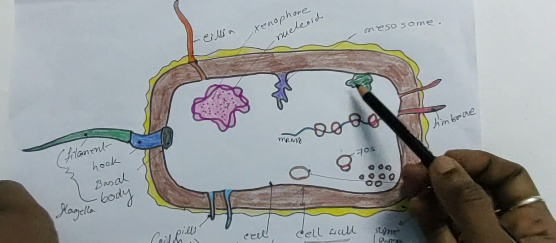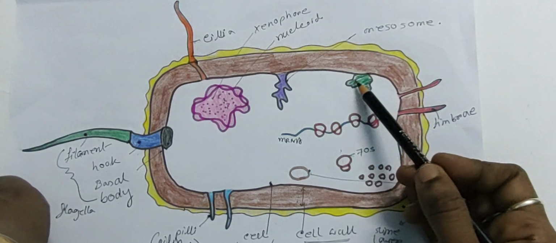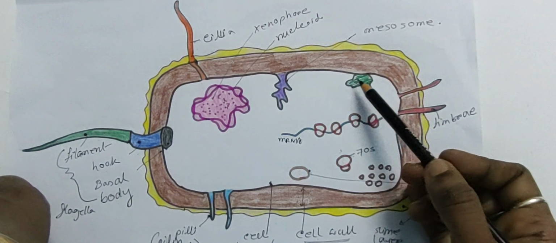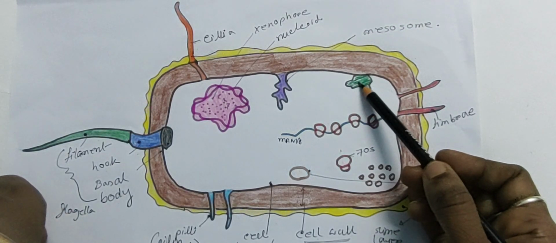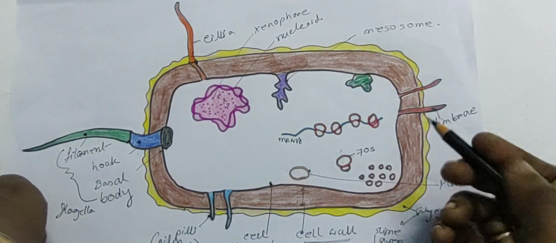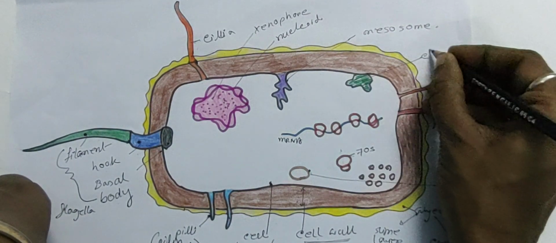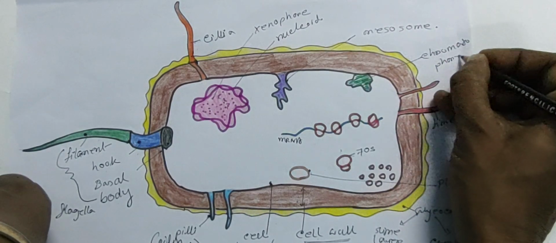There is another structure we can find in the bacterial cell, which we call the chromatophore. It can store chlorophyll inside it. We can find this structure in the photosynthetic bacteria. So this is the chromatophore.